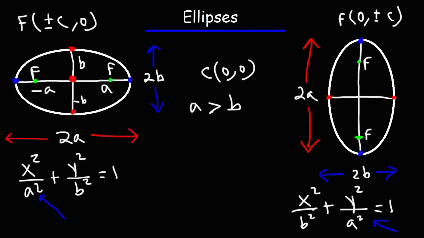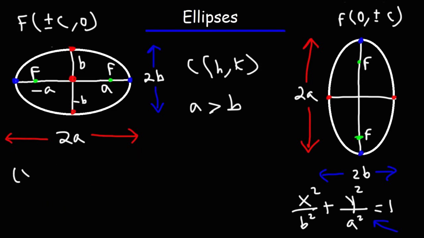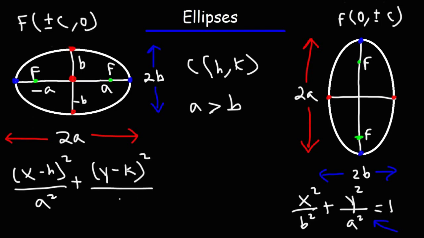Now what happens if we have an ellipse that is not centered at the origin? If it's not centered at the origin, then the coordinates of the center become h, k. This equation changes to x minus h squared over a squared plus y minus k squared over b squared is equal to 1.